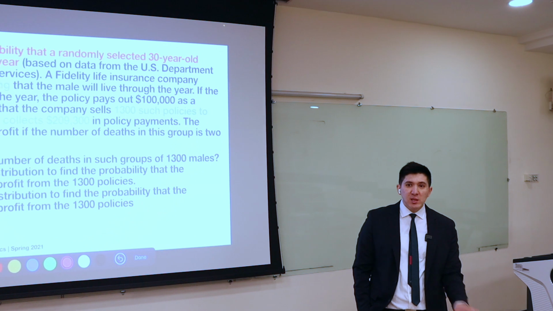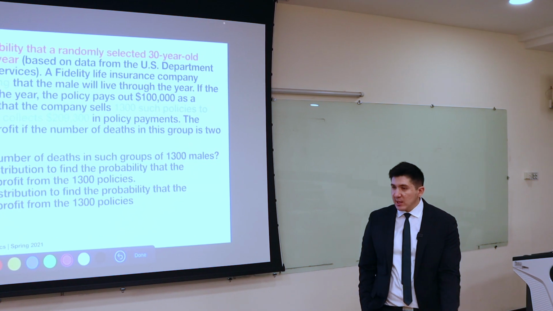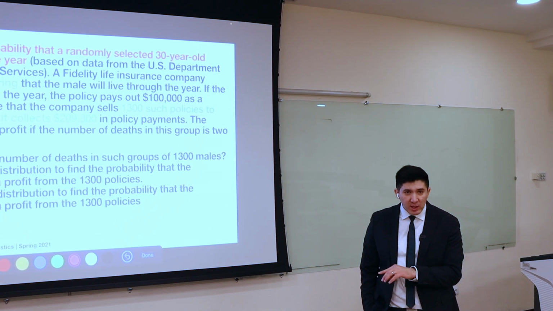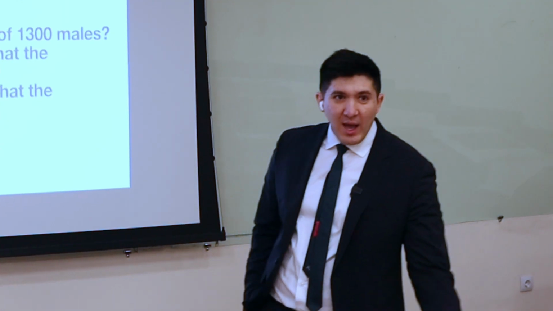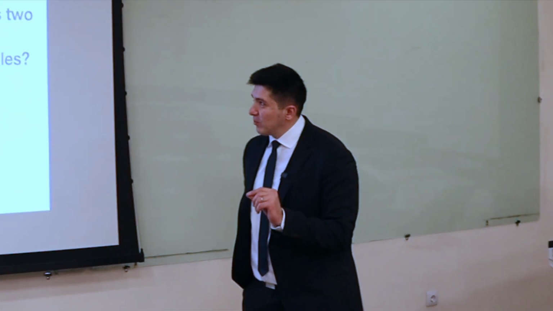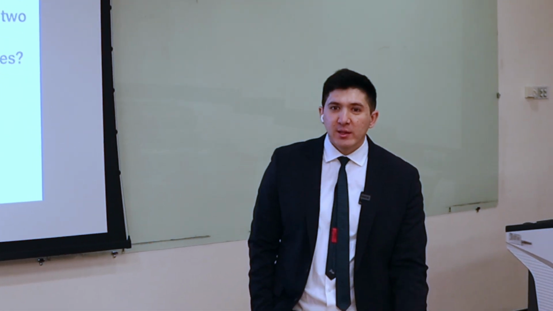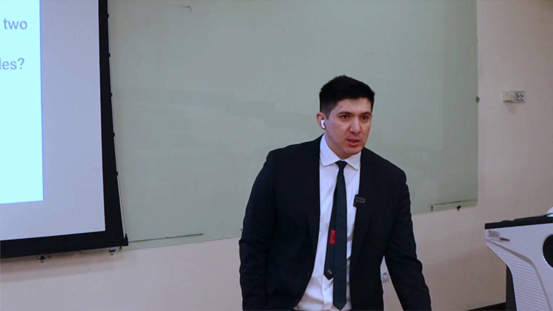And they sold this to 1,300 persons, and they collected, say, 1,061 times the 1,300, roughly $210,000. Now, if a person doesn't survive, then the company should pay $100,000 compensation.